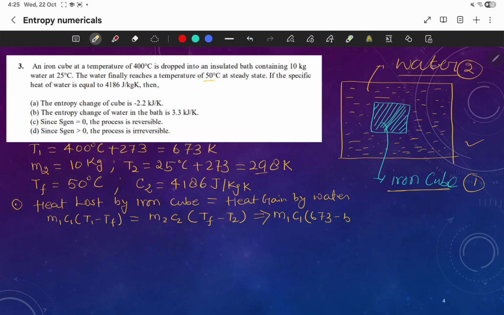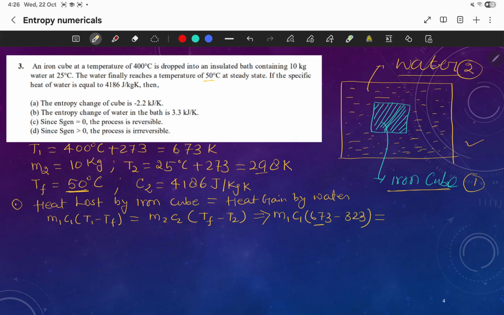TF is 50 degrees Celsius, but when we put it here, we convert it, add 273, because this is in Kelvin. So this will be 323.